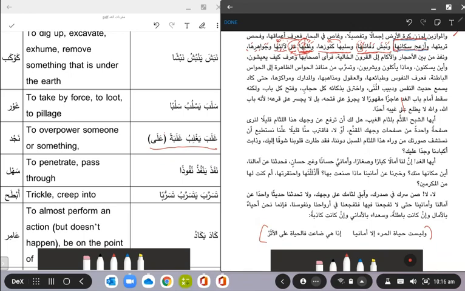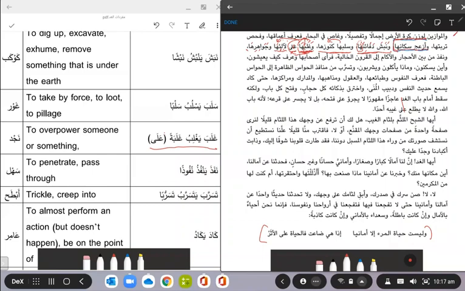Or you can say, and he overpowered, comma, its pearls and its treasures. Does that make sense? Right. So this is another way of a jumla fi'liya where you potentially could have two maf'ul bihis or two objects, but in English it's not a requirement in that sense of the word.